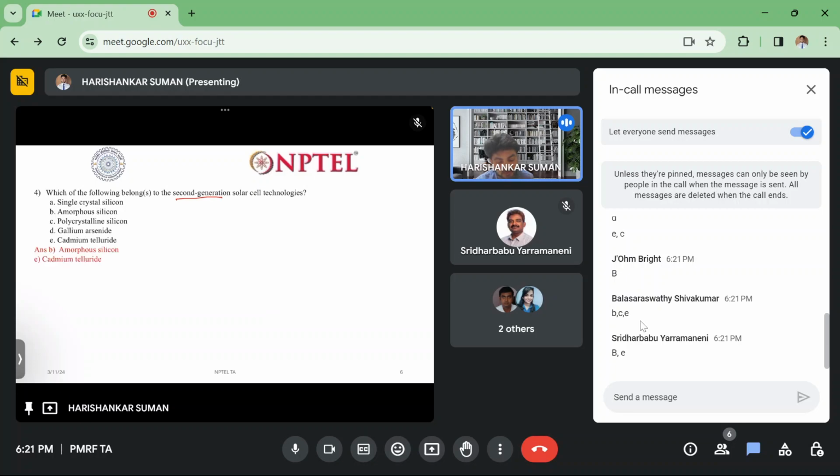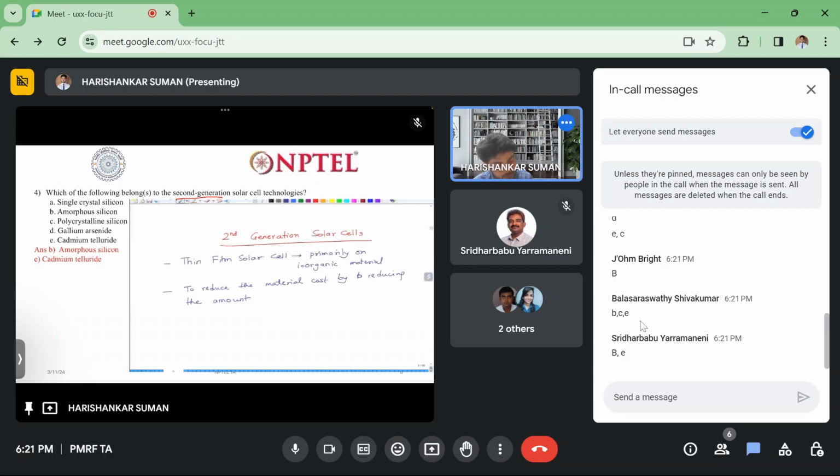So let's see the answer. B and E is the correct answer: amorphous silicon and cadmium telluride. And in the third lecture also, second generation solar cell, thin film solar cells, inorganic materials, to reduce the material cost and to reduce the amounts. This type of solar cell is second generation solar cell.